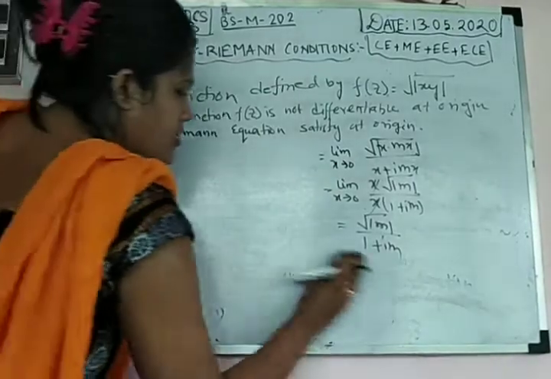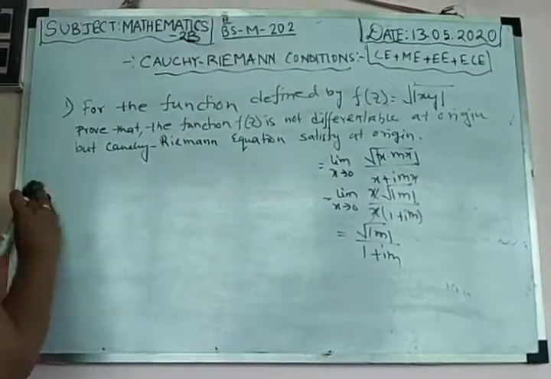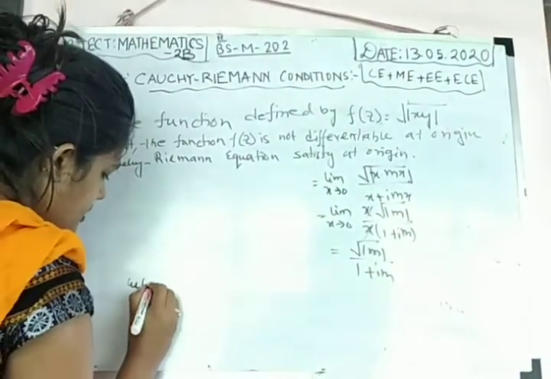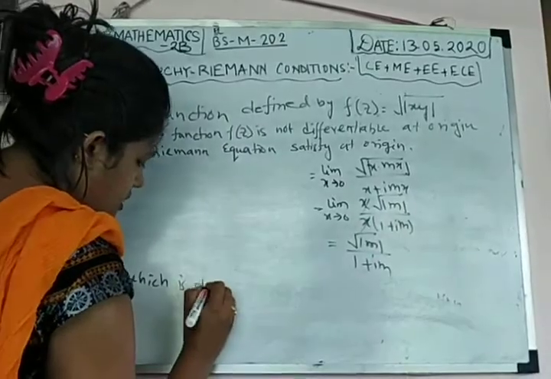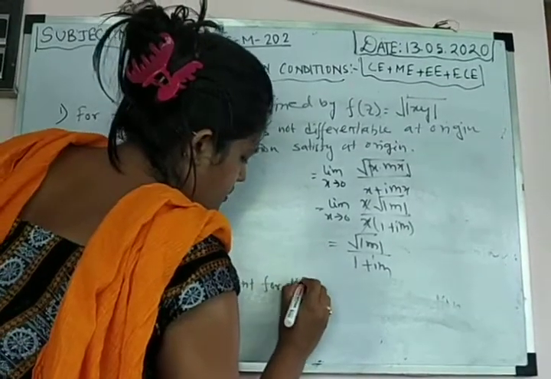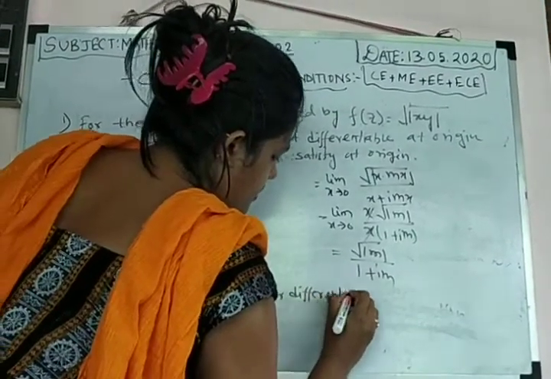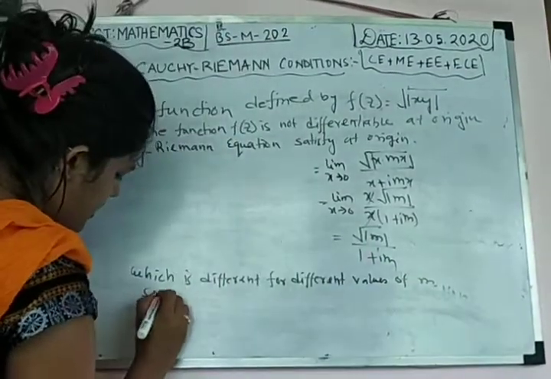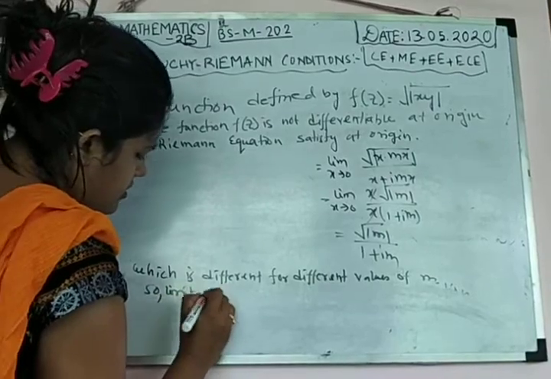Why? Because this value is finite obviously, but it is not unique. So differentiability does not exist, since the value is different for different values of m. So the limit does not exist.